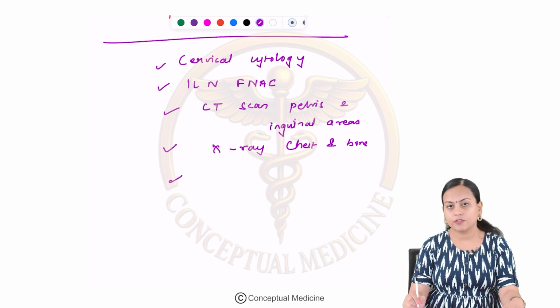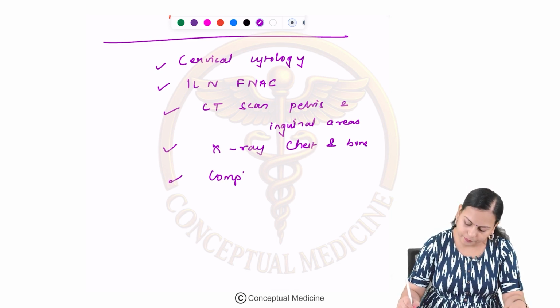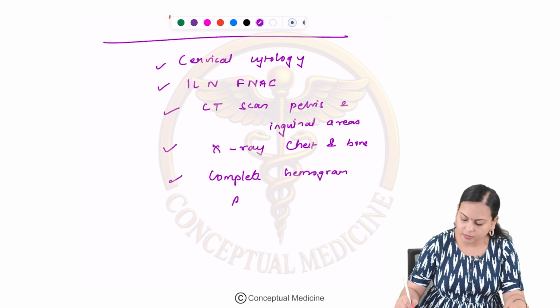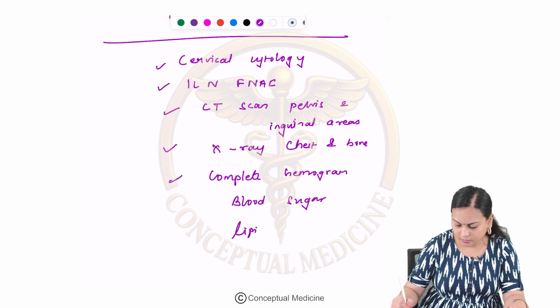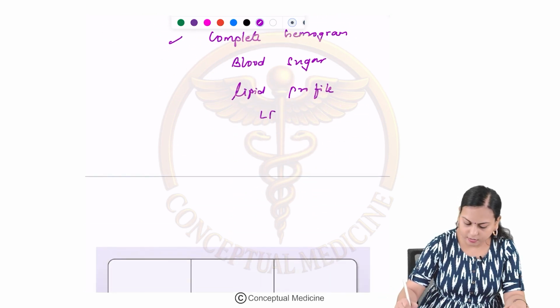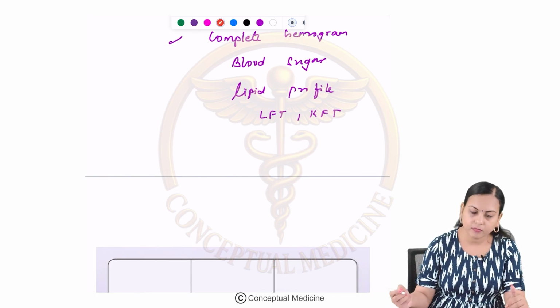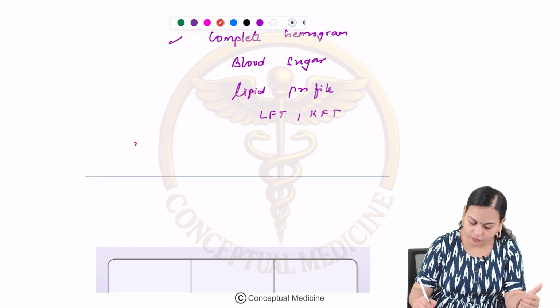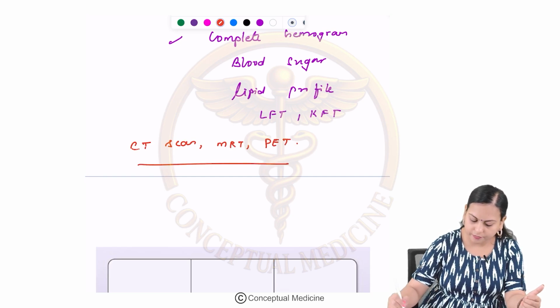You can also offer her a complete hemogram, blood sugar, lipid profile, liver function test, kidney function test, etc. And for discovering the nodal lymph node involvement, we can also go for CT scan, MRI, positron emission tomography, etc.